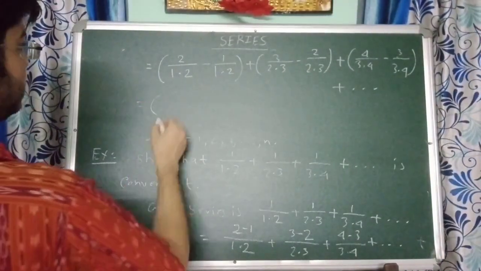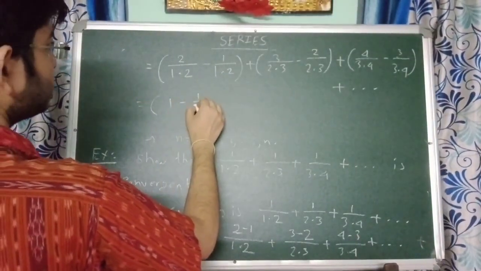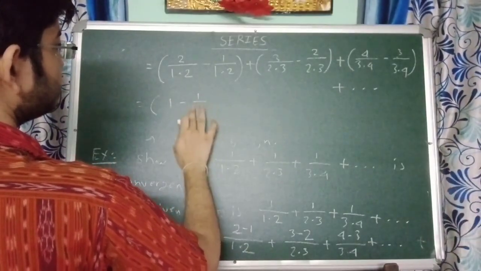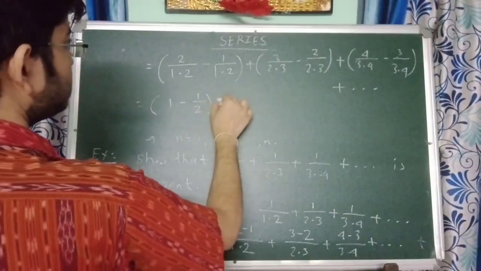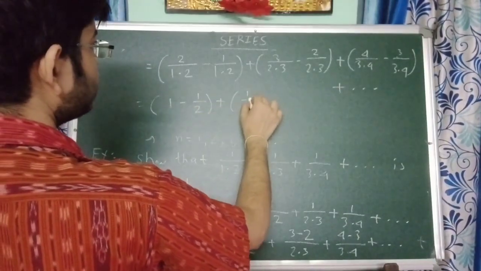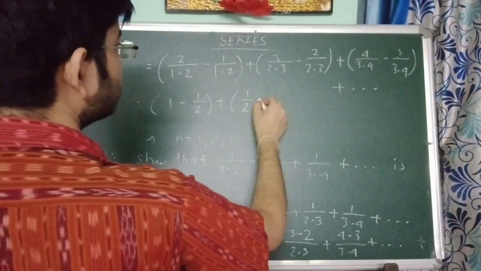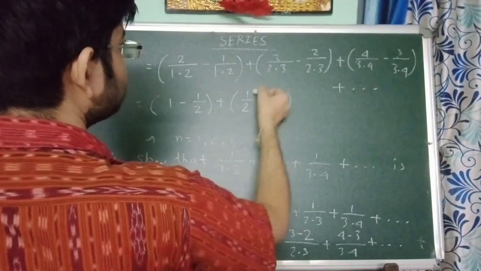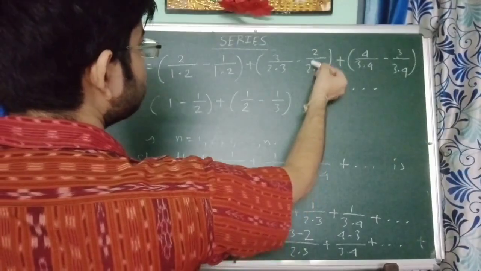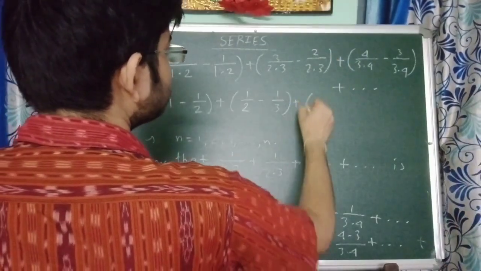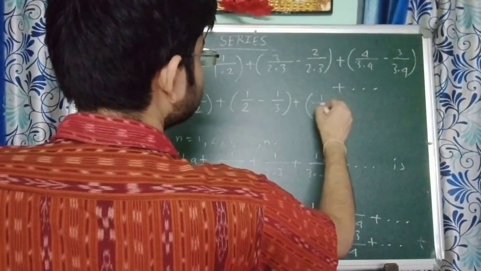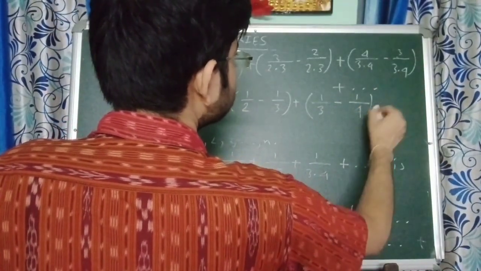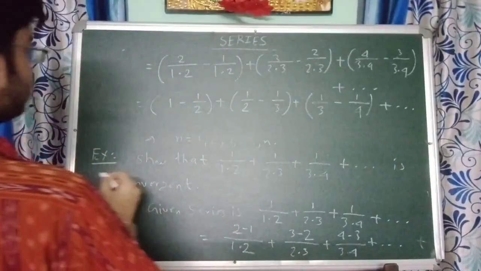After dividing we get 1 minus 1 by 2 plus 1 by 2 minus 1 by 3 plus 1 by 3 minus 1 by 4 and so on.